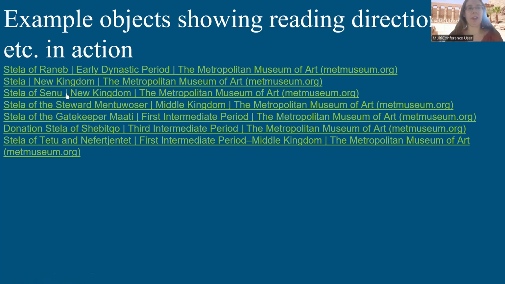Okay, so this is another stele from the New Kingdom, and I'm just going to increase the images. So if you look here, these are all hieroglyphs, but they are vertical. So they're going down. So this is a case where, okay, which vertical block do you actually start with reading?